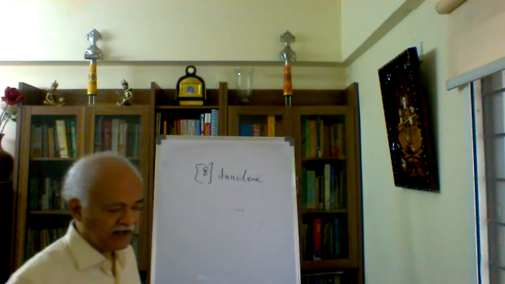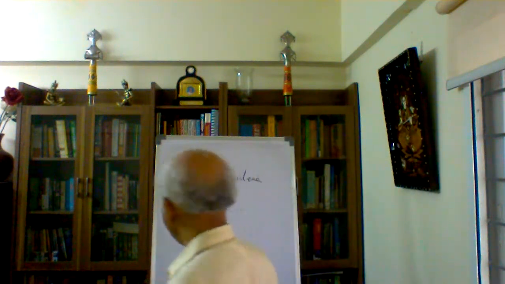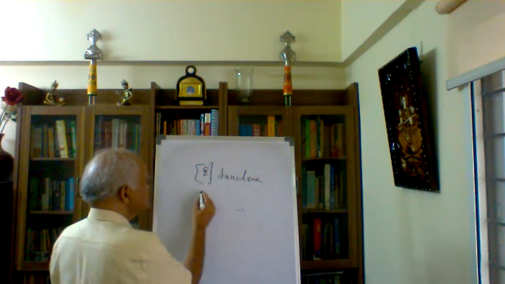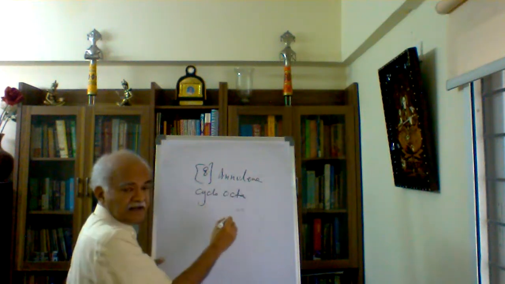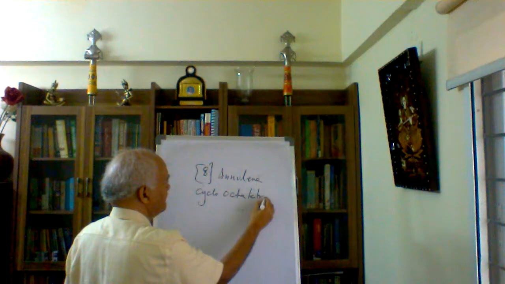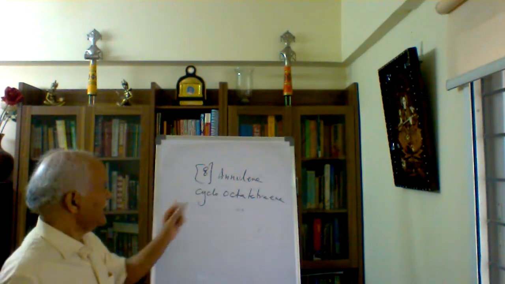That means this is a cyclic compound containing 8 carbons, cyclooctatetraene. This is the molecule, otherwise [8]annulene.